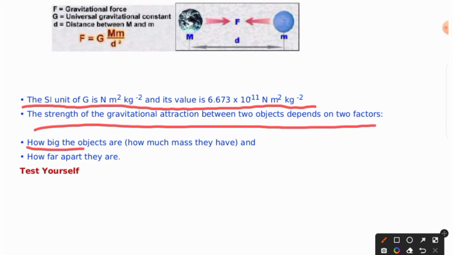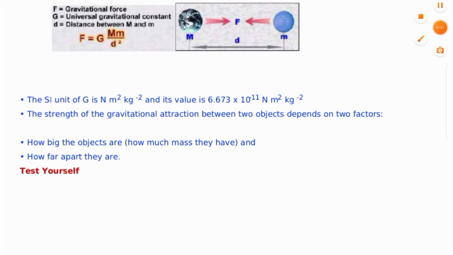The strength of the gravitational attraction between two objects depends on two factors: how big the objects are, how much mass they have, and how far apart they are.